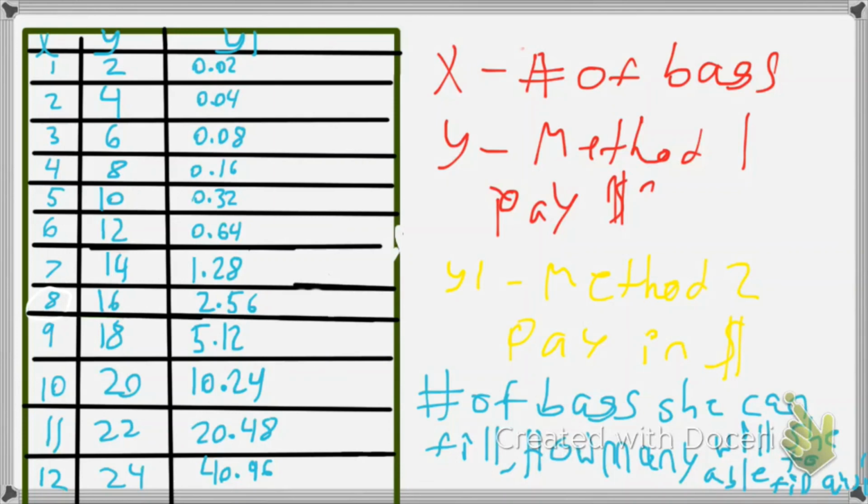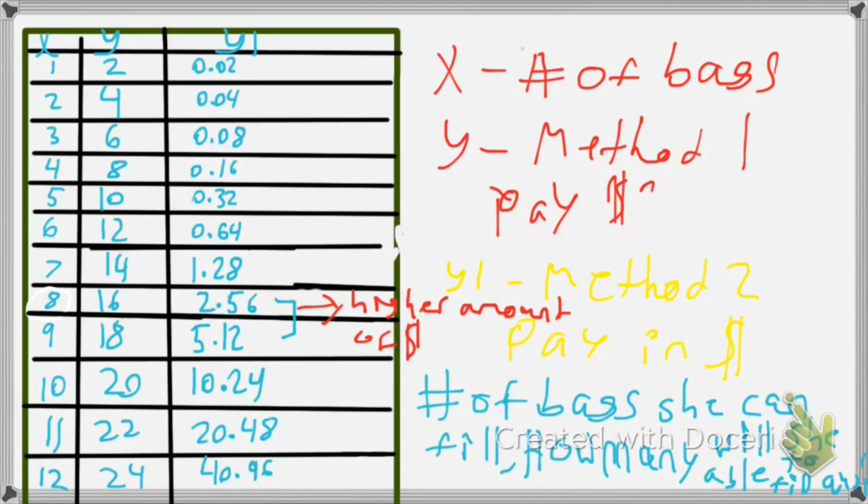But then again, after 8 bags, method 2 gives a higher amount of dollars than method 1, which is $2 per bag.